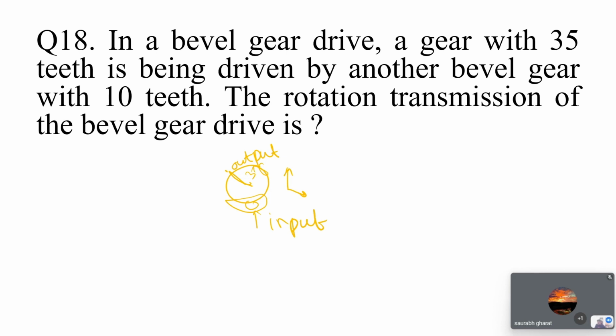So what is actually happening here? The 35 is getting driven, isn't it? Your smaller gear is driving the bigger gear, so your speed must be reduced. So it must be less than 1.